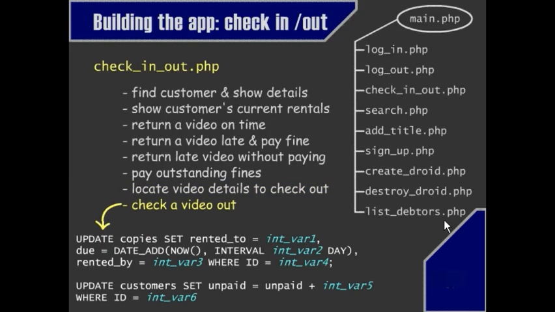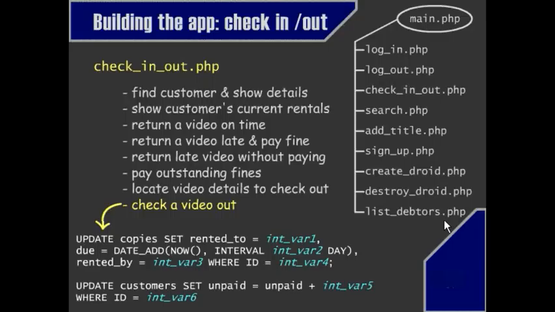Finally, to check a video out, again this is a two-step process. We set up on the copies table the customer who's just rented the video, and for the due date we set that using the date add function.